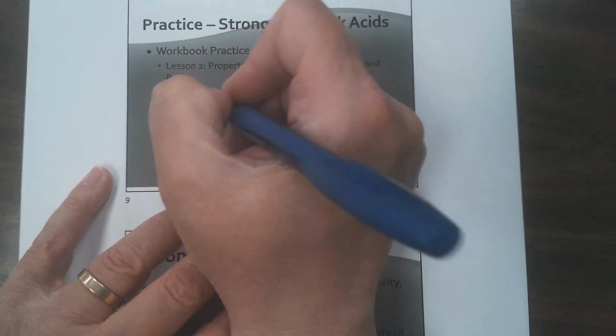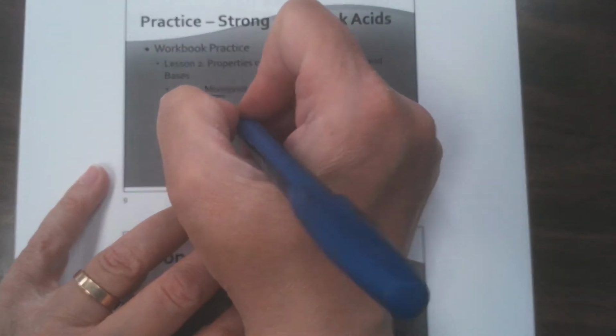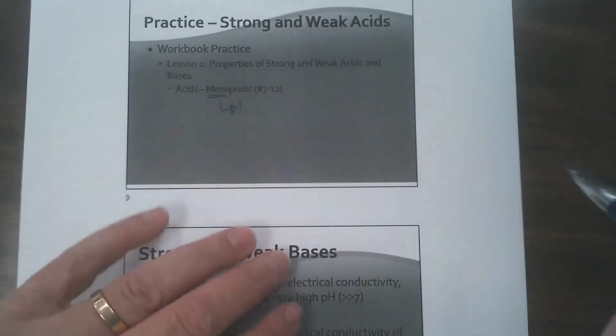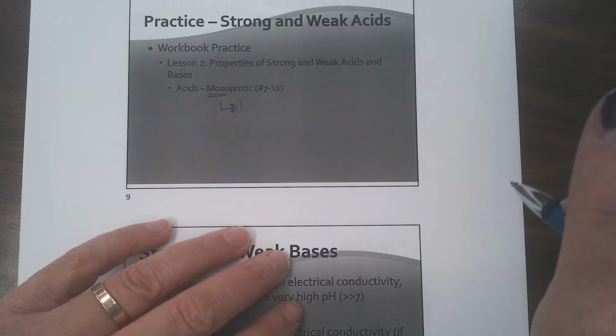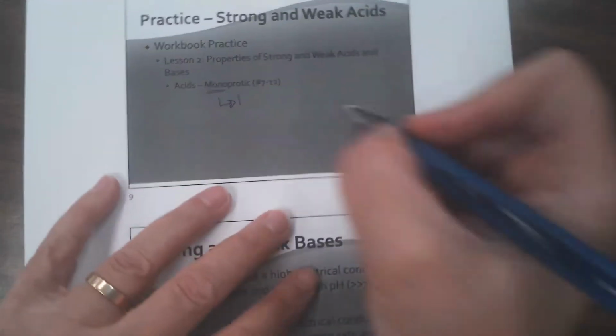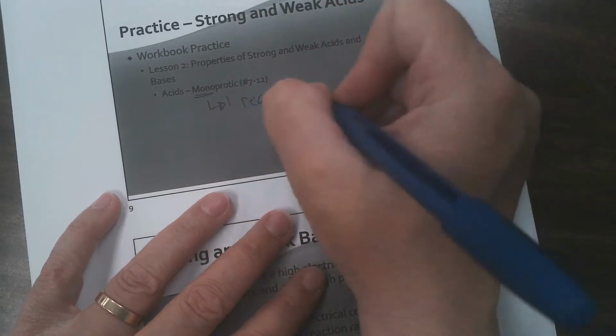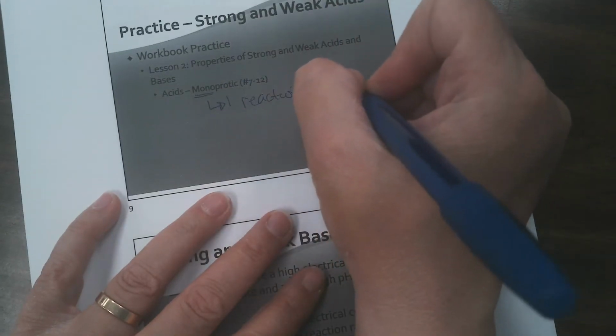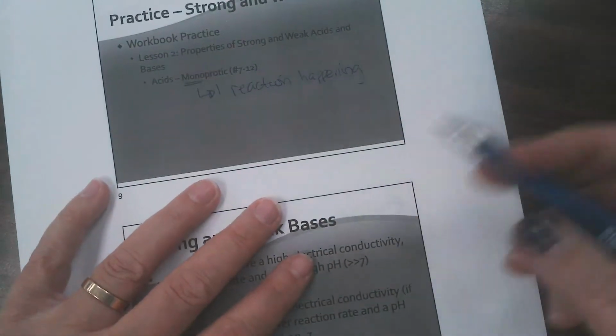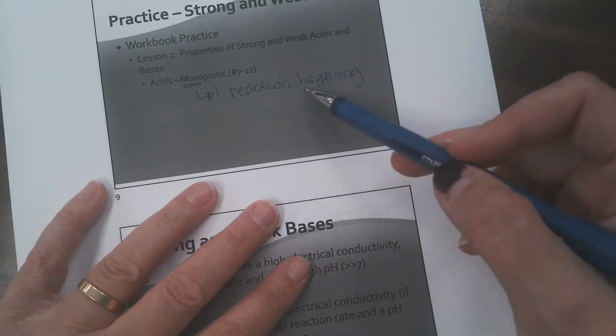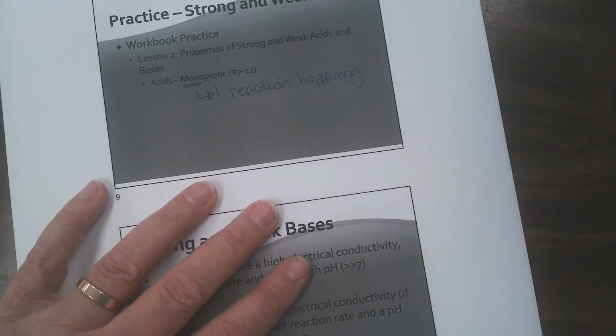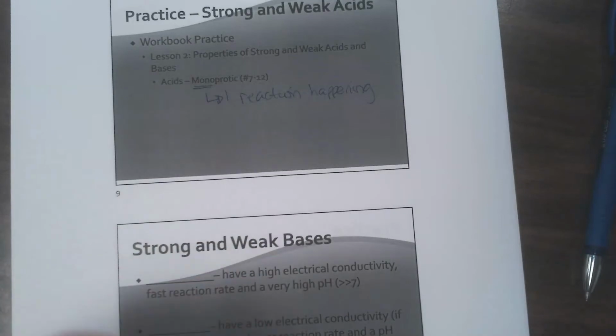Mono meaning that there's one, one hydrogen, one reaction happening. And the reason I say monoprotic is because we're going to talk about polyprotic acids and what that looks like. So pause it here, work on these questions, and then come back and work on your notes.